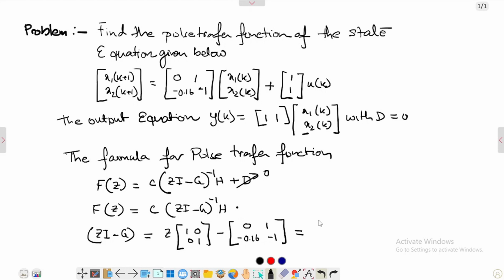What we get from here is z and -1. So 0 minus 0, it becomes 0.16, and I get here z + 1. So till here we have got zI - G.